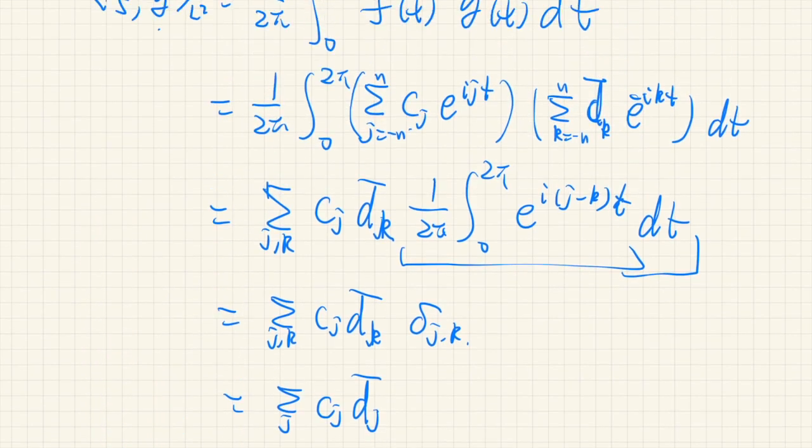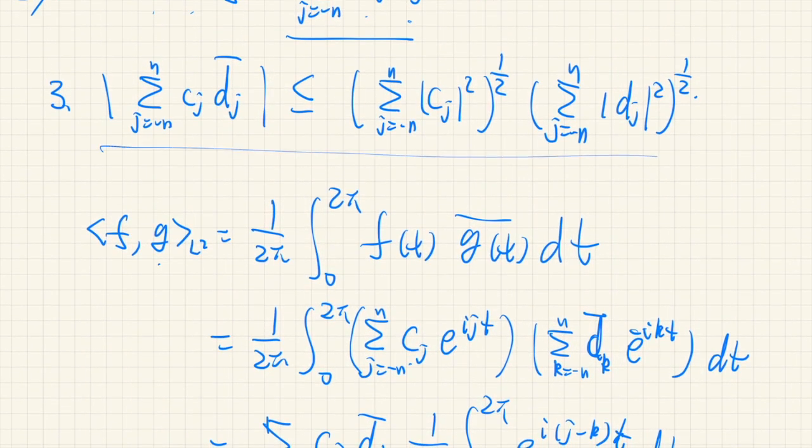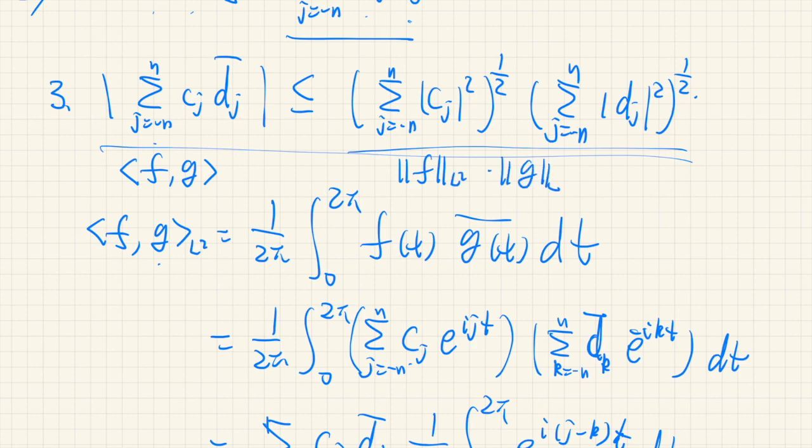So the first one has been shown, and the third one is just an alternative expression of the Cauchy-Schwarz inequality, right? Because the left-hand side is just the inner product between f and g, and the right-hand side is the product of the norm of f times the norm of g. So this is just the Cauchy-Schwarz inequality.